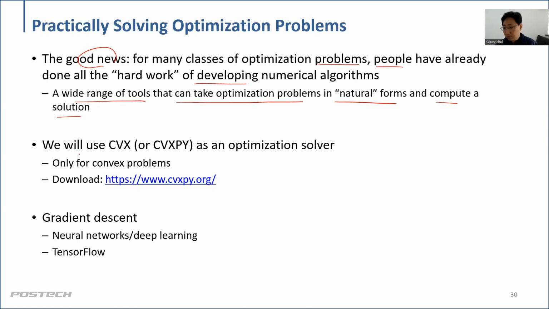There are many optimization solvers out there, but in these lectures throughout the semester we're going to use CVX or CVXPY as the optimization solver. I'm pretty sure that for most of you this is the first time you've heard of and seen CVX, right? It's only for convex problems.